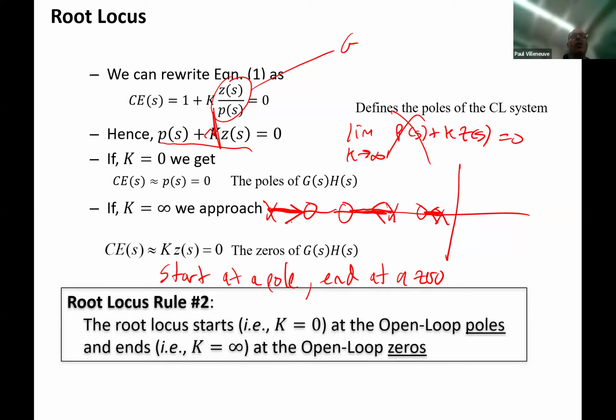So the root locus, all valid root loci plots here, live between these two, and these two. Okay?